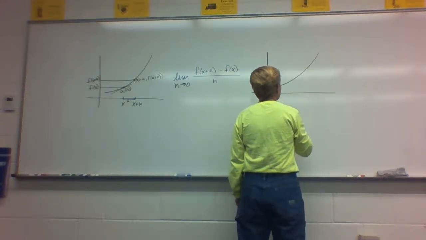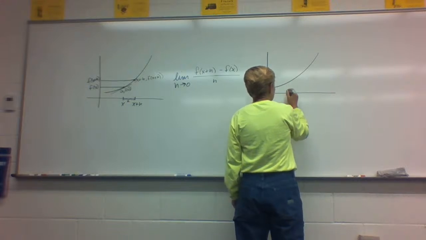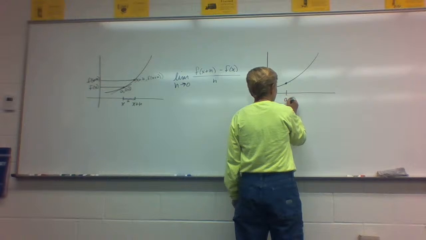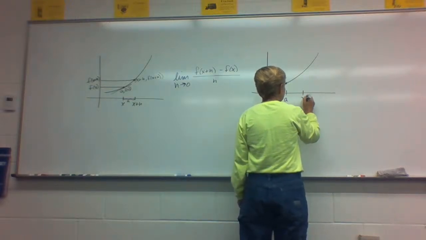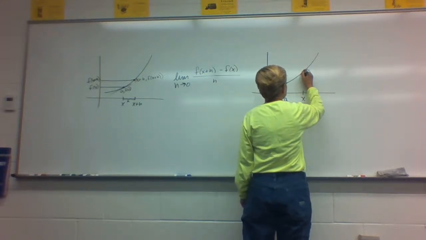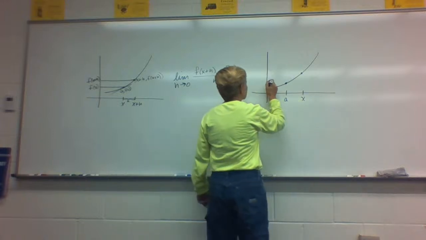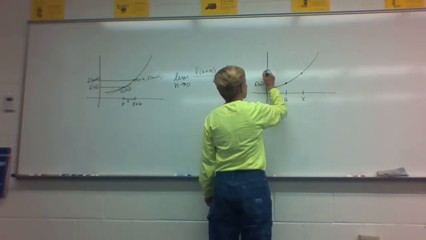If instead I want to find the slope at this point right here, but I'm not going to call this x. I'm going to call it a specific value a, and then I put x up here somewhere. It's not a plus h or anything like that. It's just a here, and here's x, and I'm interested in what's going on at a. I get that point there. This right here would be f of a. This right here would be f of x.